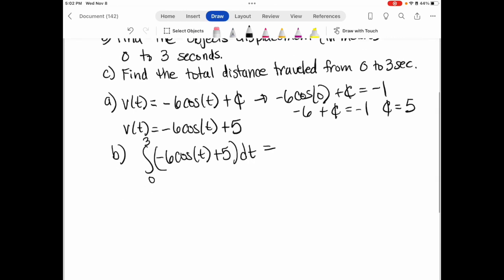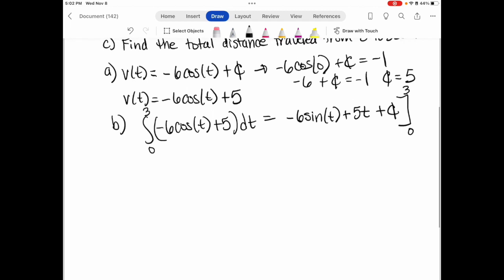Okay, so taking the antiderivative, I'm going to get -6 sine of t plus 5t plus a constant. And I'm going to evaluate that from 0 to 3. So I'll continue down here. So I'm going to plug in 3. So I get -6 sine of 3.